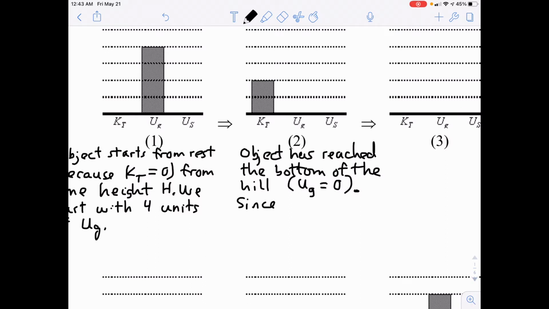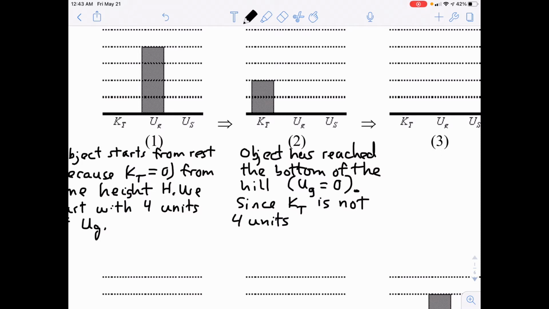But since KT is not 4 units, something you ladies and gentlemen should notice. If KT were 4 units, like it should be, then all of the potential energy converts to mechanical energy. But clearly there's a loss in mechanical energy here as you went from 4 units to 2 units.